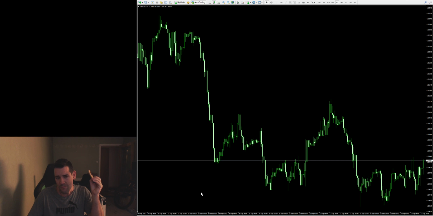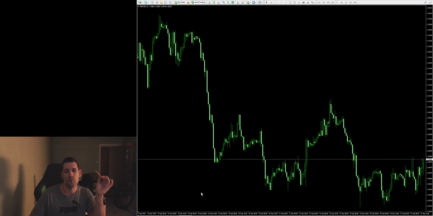Now, people who may ask, so what's the pin bar? Well, it's a sign of rejection, and it has to look a certain way for it to have certain value or to be worth anything of note, in my opinion.